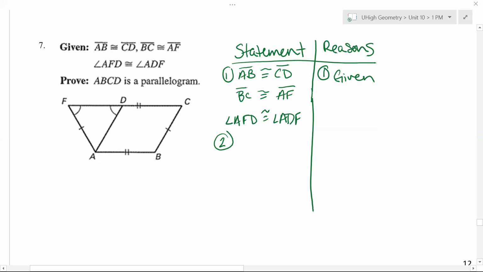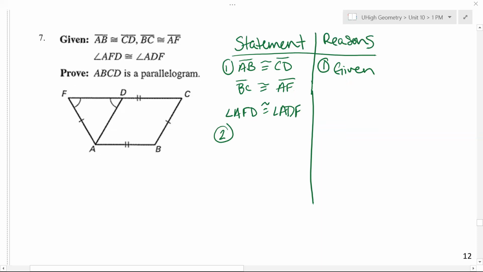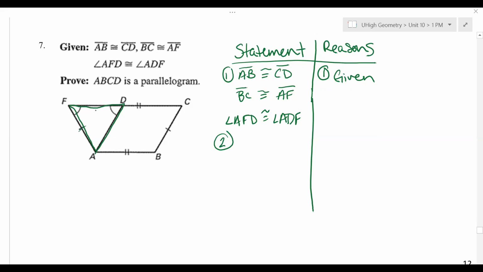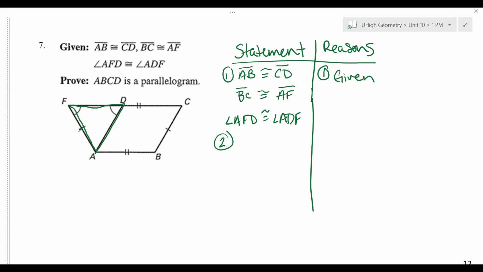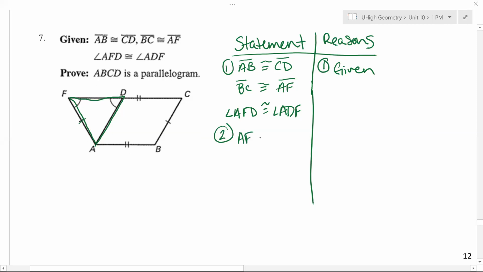One thing that I noticed is that I have this triangle ADF over here, and I know that I have 2 angles of ADF that are congruent. So I can know that segment AF is congruent to segment AD.